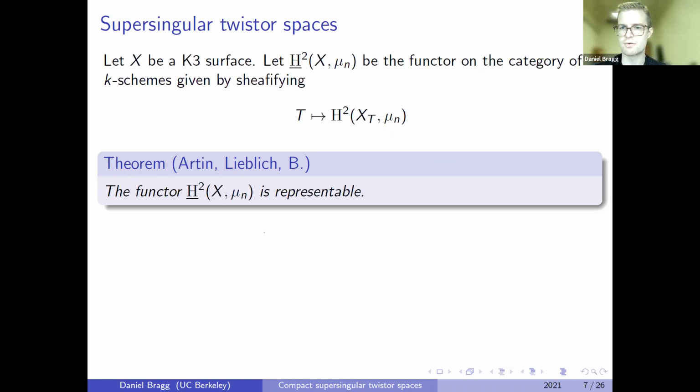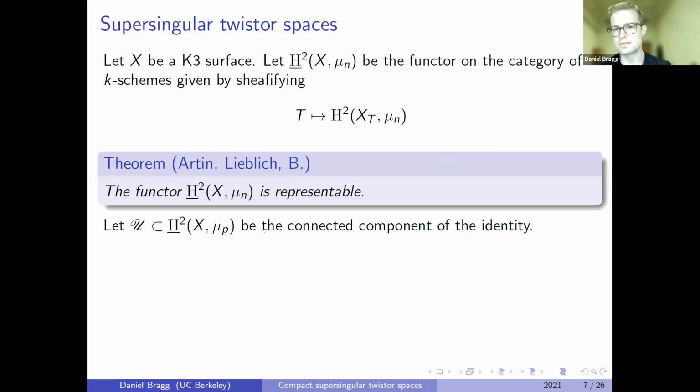Max and I wrote down a different proof, and in some other work with Martin Olsson, we generalized this theorem to some more general class of varieties. But in any case, it's representable. So it's some finite type group scheme over k. Okay, and so it's a group scheme over k.